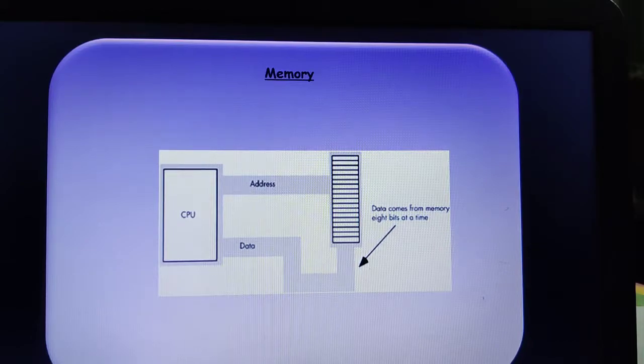Understood? Then we have seen the different types of bus, like the internal bus and the external bus. The internal bus connects the major components like the processor, memory and the input output, and is also called the system bus. This is very important, the definition of the system bus or internal bus.